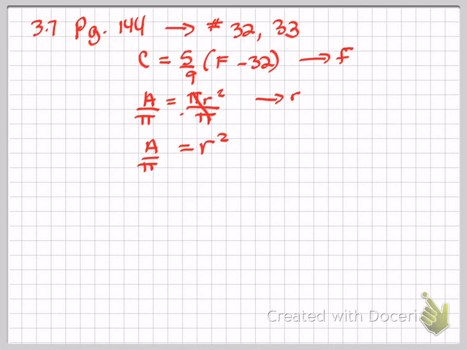We do inverse operations. I don't square it, I root it. The opposite of squaring is rooting. So R is equal to the square root of A over pi. You'd root the whole fraction, not just A. Correct. You root everything. We don't square everything. They're different. Okay, the next one.